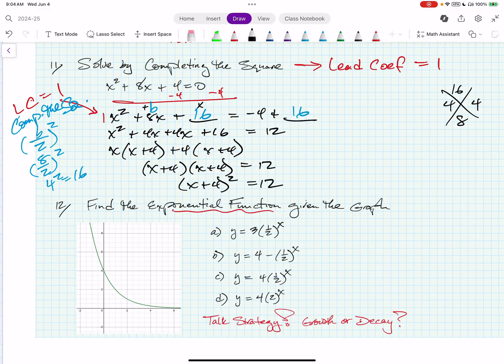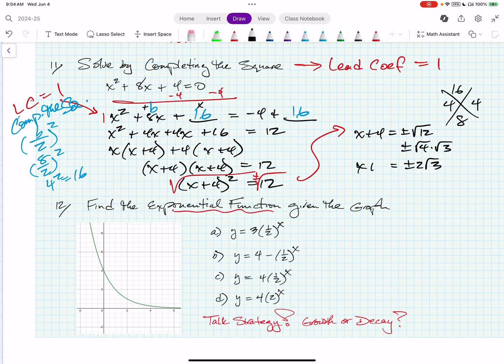And when this happens, you're going to square root both sides. Now the square root of x plus 4 squared gives you x plus 4, and that's equal to plus or minus root 12. Now root 12 is the same thing as root 4 times root 3, which is the same thing as 2 root 3.